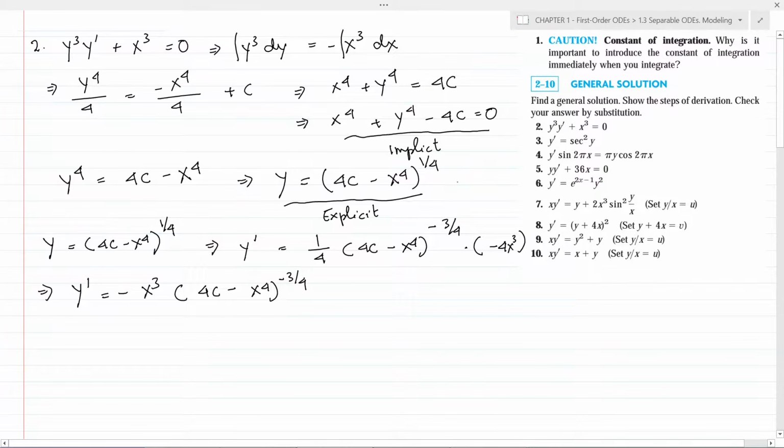Now we know that (4c minus x to the power 4) to the power 1 by 4 is y. So this can be written as minus x cube times ((4c minus x to the power 4) to the power 1 by 4) to the power minus 3. This inside expression is y, which we can see from here.